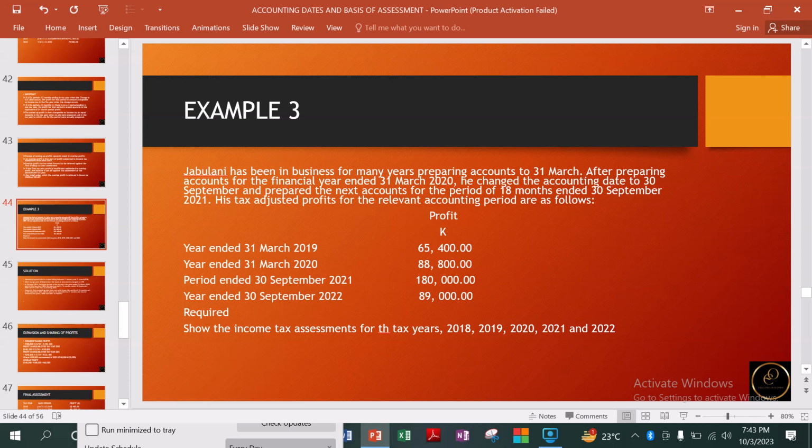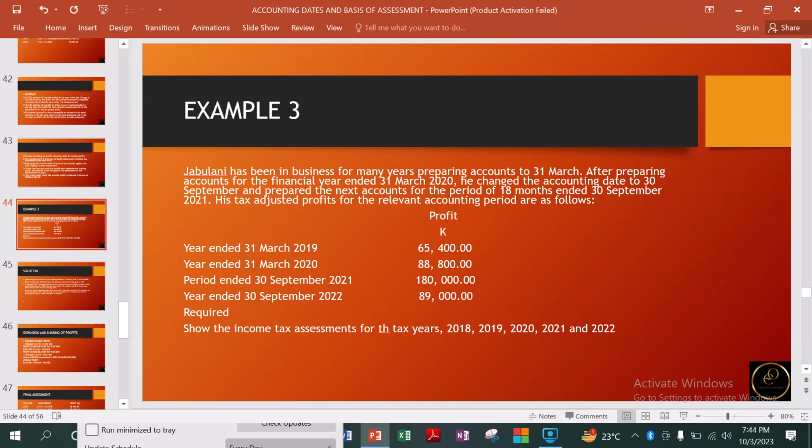What tasks do we have here? Show the income tax assessment for tax years 2018, 2019, 2020, 2021, and 2022. Why are we starting from 2018?